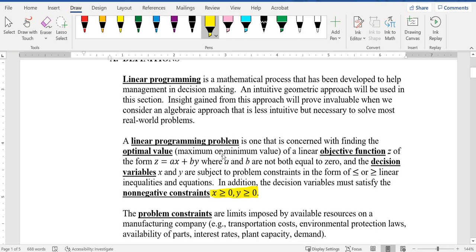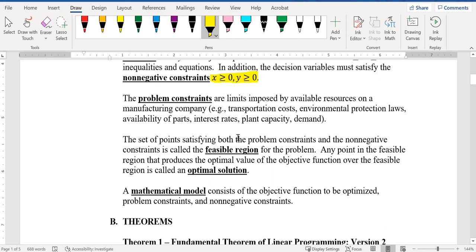All right, the problem constraints are limits imposed by available resources on a manufacturing company. For example, you may have constraints with transportation costs, environmental protection laws, maybe the availability of parts, or interest rates, or plant capacity, or even the demand.